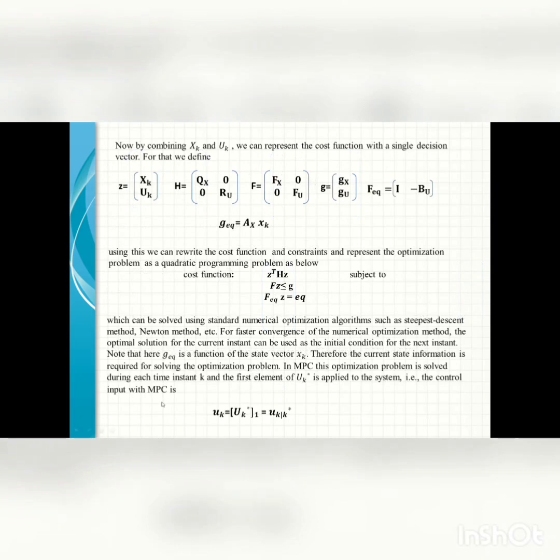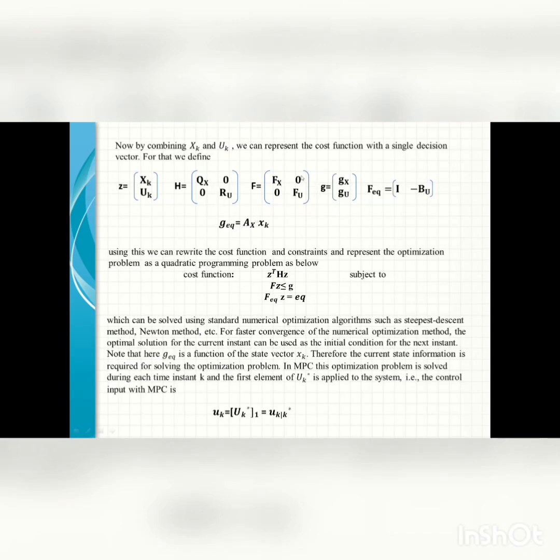Next, here we are going to combine the two, the state variable and control variable, as one variable, that is the decision variable. We are going to define H in terms of Q x and R u. These are the weighing matrices of the state and input variables.